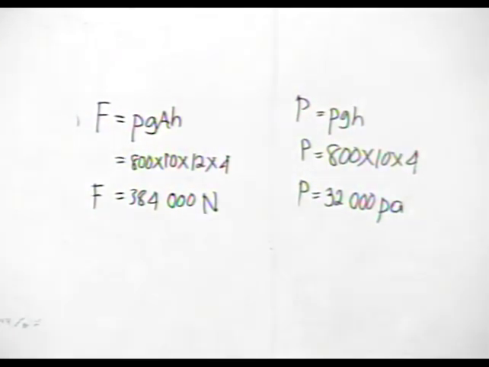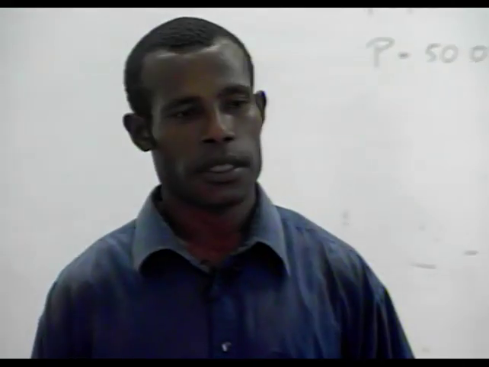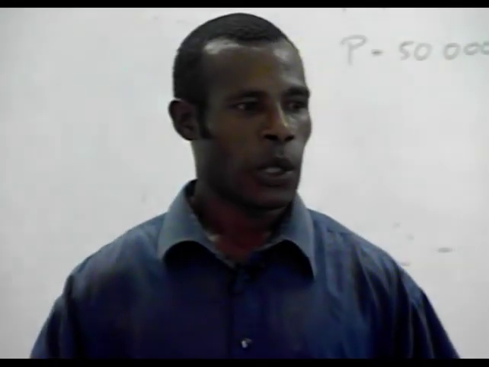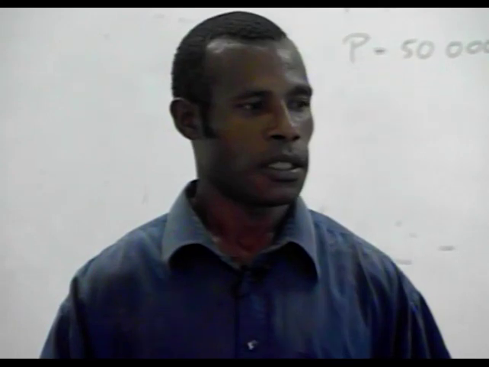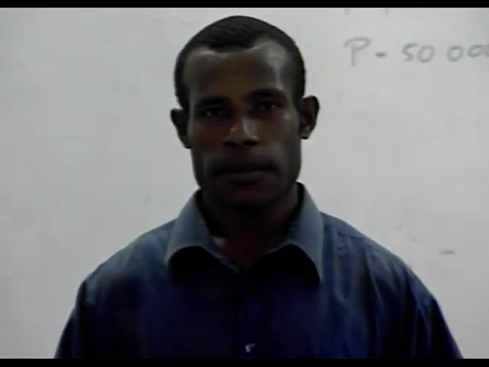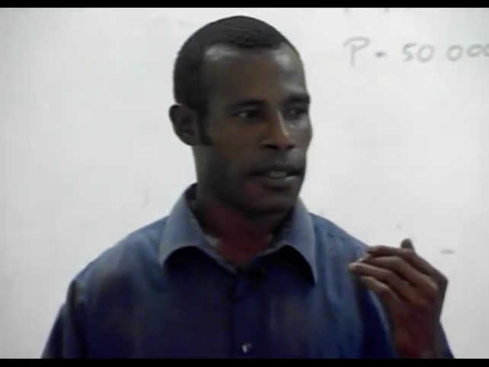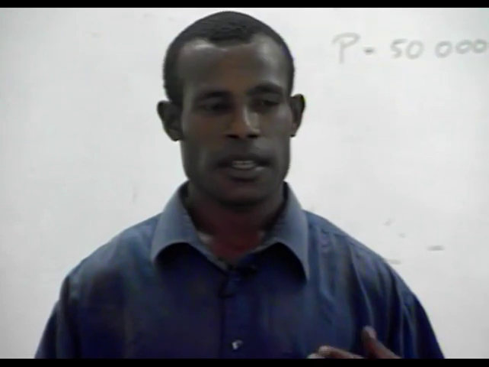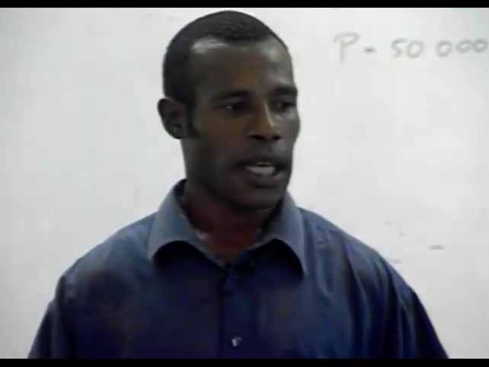Okay. Now we've just gone through looking at pressure in liquids, and there are basically 4 important points that you should know. Pressure acts in all directions. That is the first important point about liquids. Number 2 is that as you go deeper, pressure will increase.